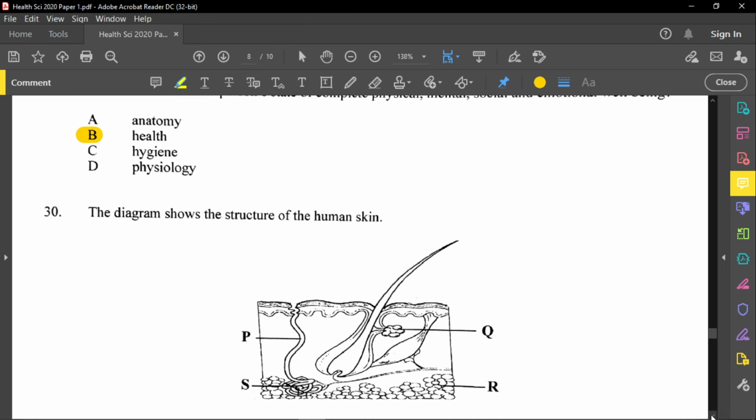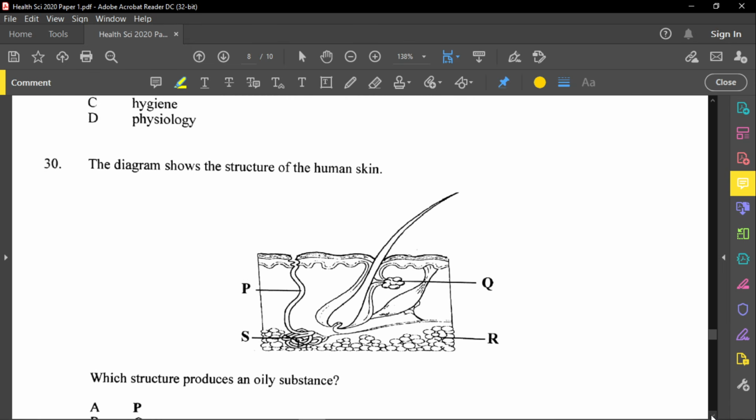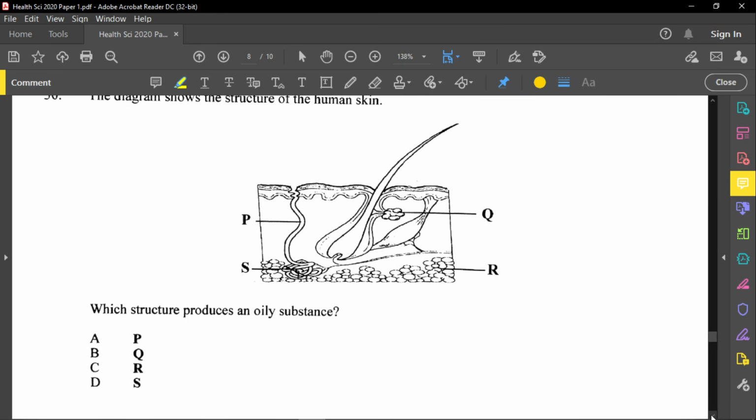All right, number 30 now says the diagram shows the structure of the human skin, and asks which structure produces an oily substance. This will be our oil gland, the sebaceous gland. So this here will be Q, and the substance produced by it is called sebum.